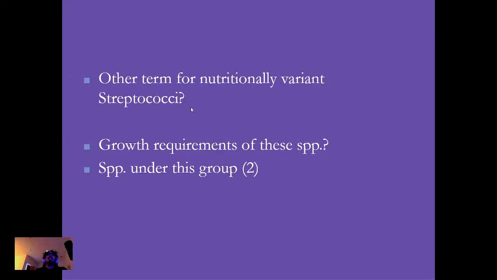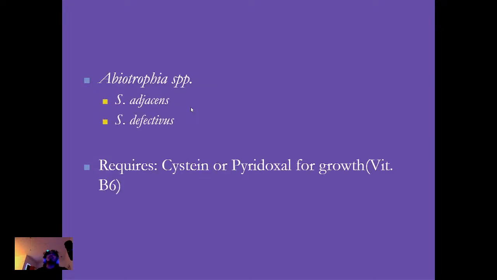So, sinama ko na siya ngayon. Another term for nutritionally variant streptococci is Abiotrophia species. The growth requirements for this one are cysteine and pyridoxal, or vitamin B6. There are two species under this genus, Streptococcus adjacens and Streptococcus defectivus.